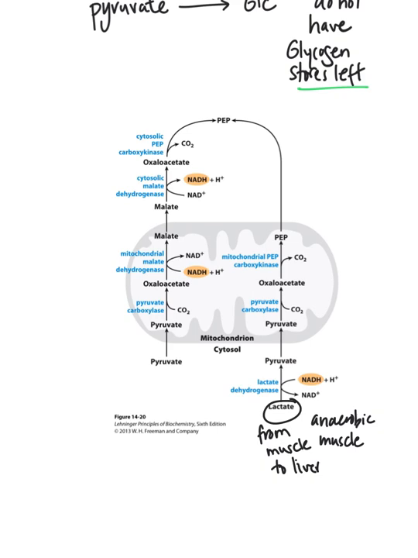Now, this is going to happen when anaerobic muscle's working hard, but you're not eating, so you don't have any glucose coming in from your diet, and you've depleted your glycogen stores, so you don't have any glucose coming from there either.